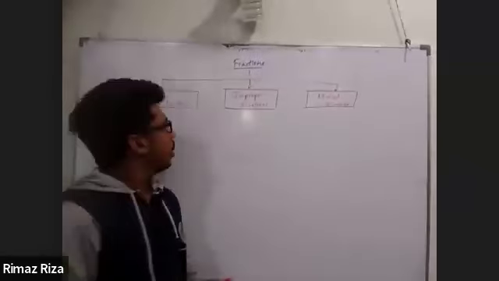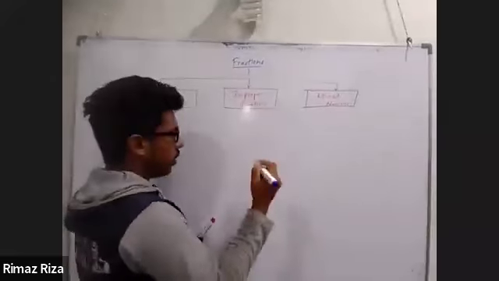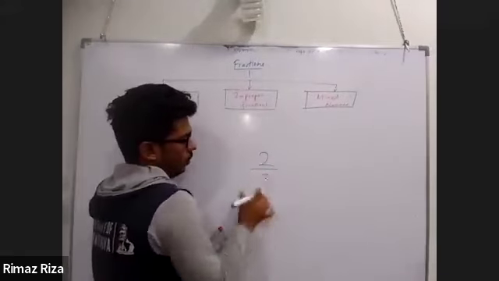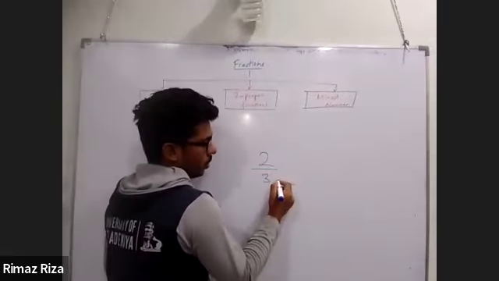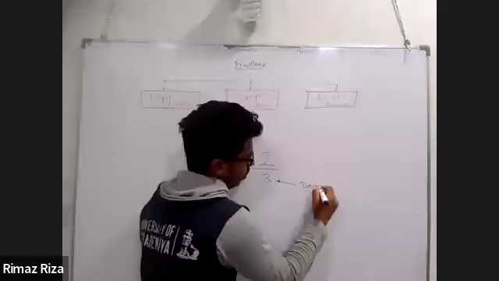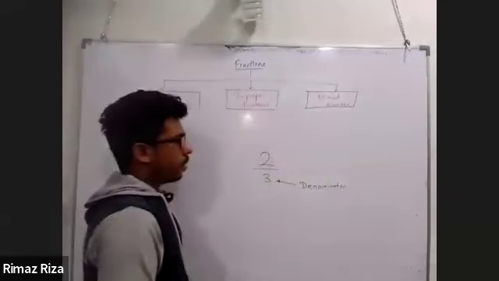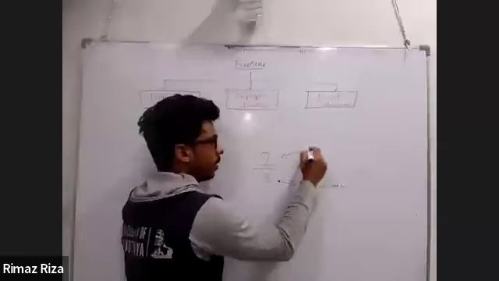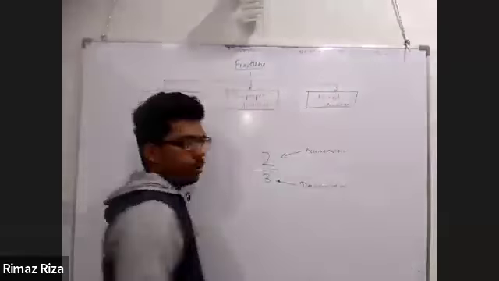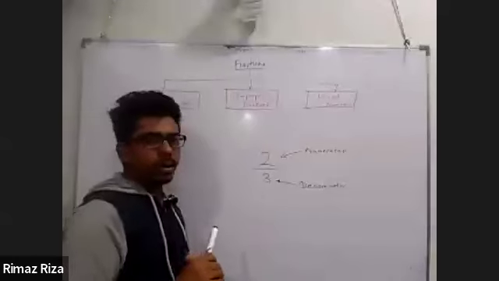So in proper fractions, for example, if I take a fraction 2 over 3, we call this denominator. And then this is called the numerator. So the number on top is called numerator.